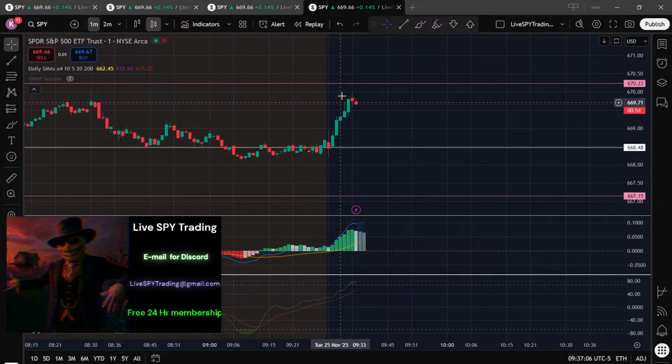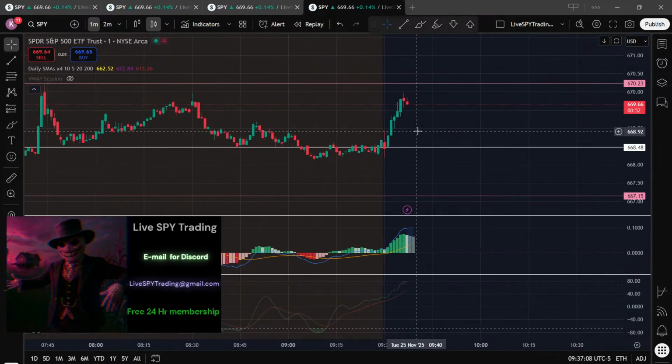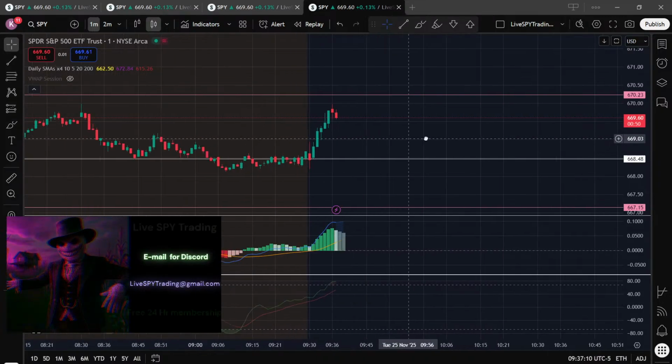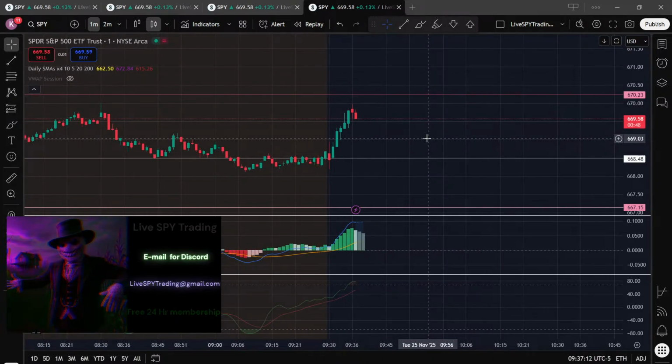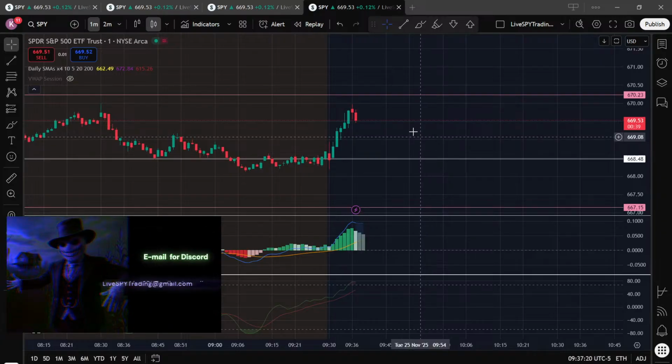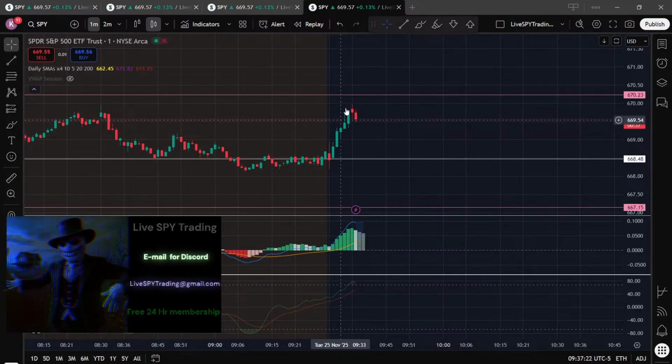So let's see if we get a green push, 2 red candles down, and then another green, some more green to push it up. A turnaround right here would be ideal if it wants to do green, red, green.